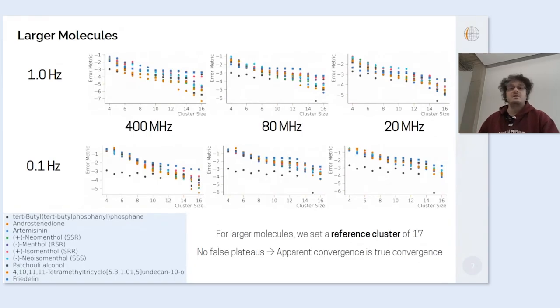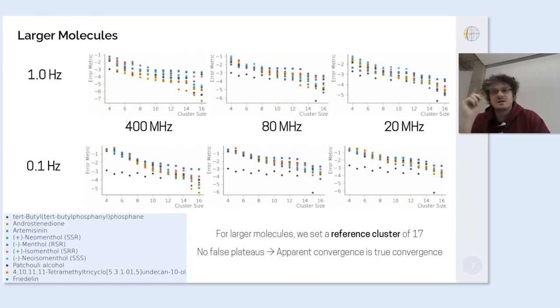This is exactly what we do for a collection of larger molecules in our parameter database for the same experimental regimes, which is what you see here. These molecules have sizes that range anywhere from 20 up to 50 spins. And once again, I would say we see pretty nice agreement.